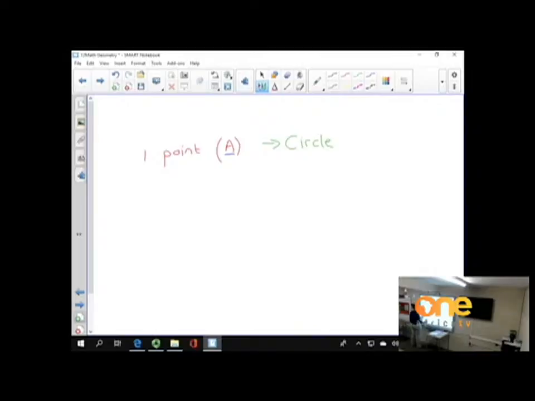That's what you do. Then you have one line. That is two capital letters together. You will find this in your question. They will, for example, say, draw the locus of the line AB. Then you will need to draw parallel lines.